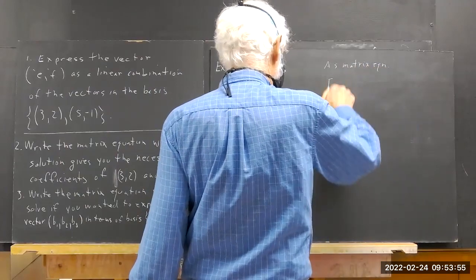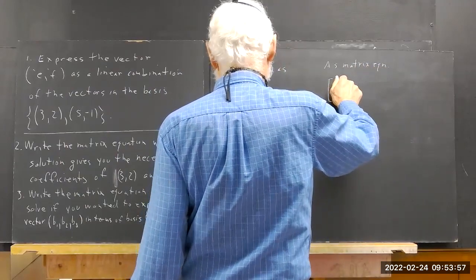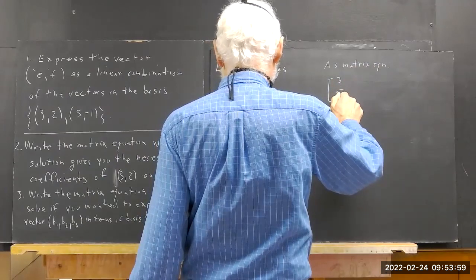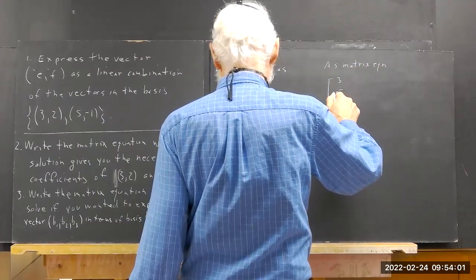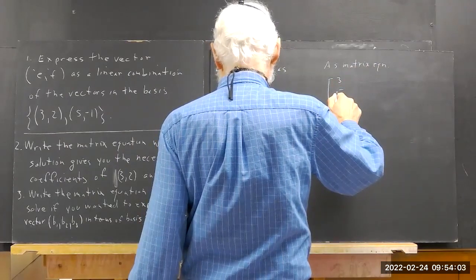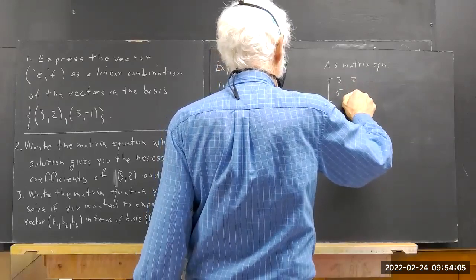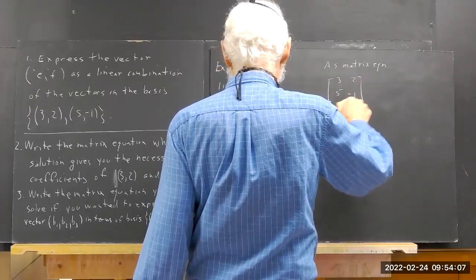The matrix equation would just be 3, 5, negative 1.